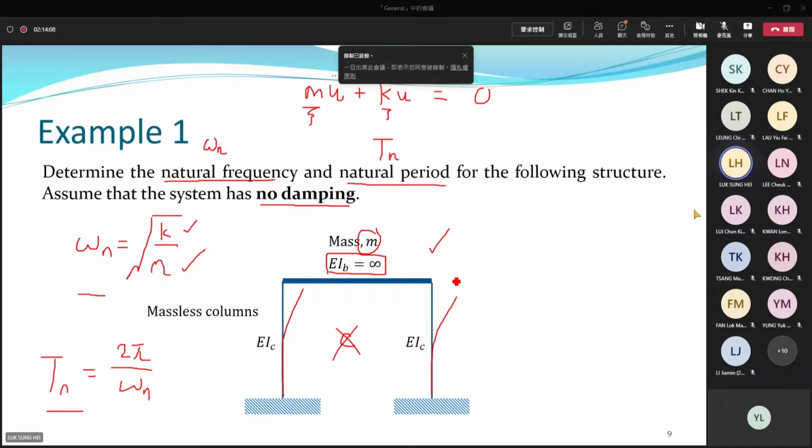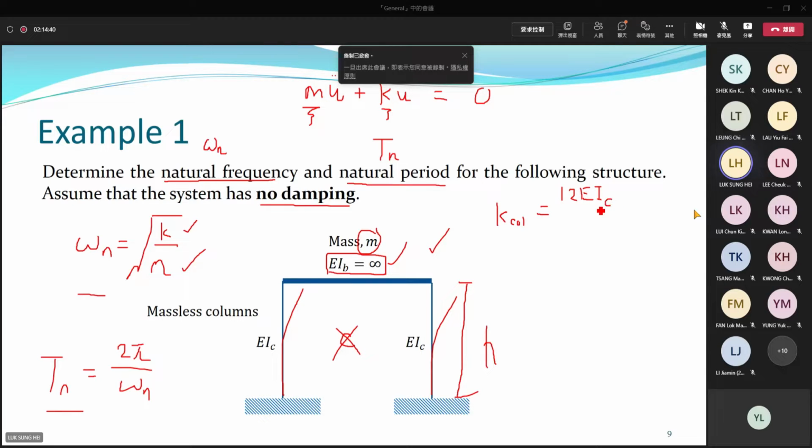Column flexural rigidity, EIc. The height we normally call h. The beam is under the rigid beam assumption. I believe that we can calculate stiffness immediately. If we use the rigid beam assumption, the column stiffness is equal to 12 EI over h cubed.